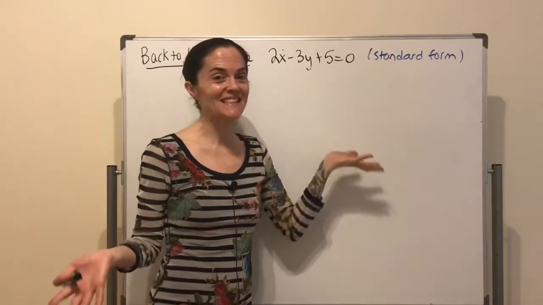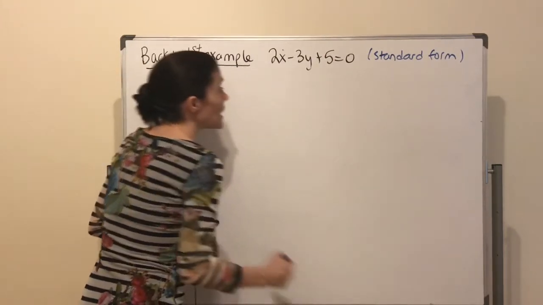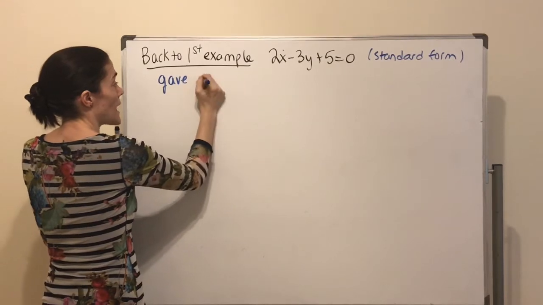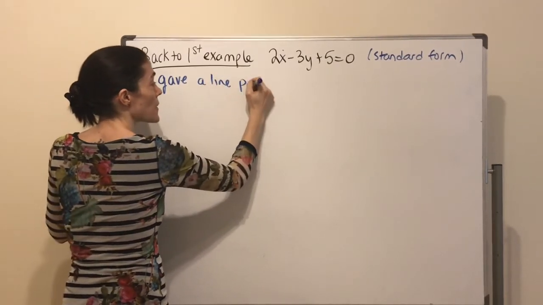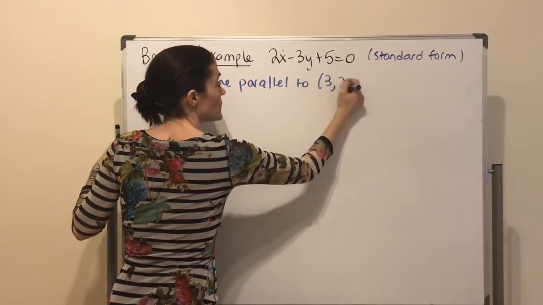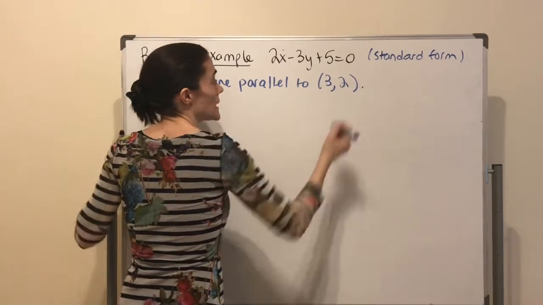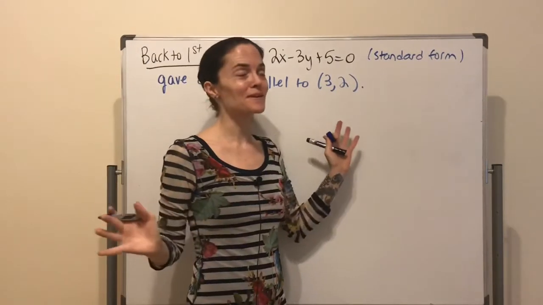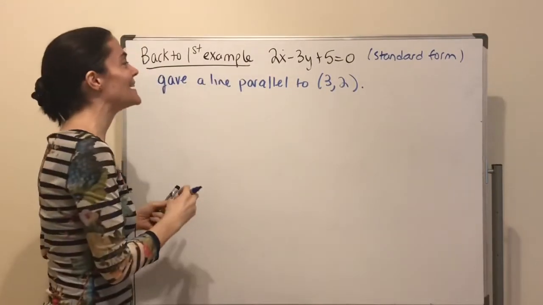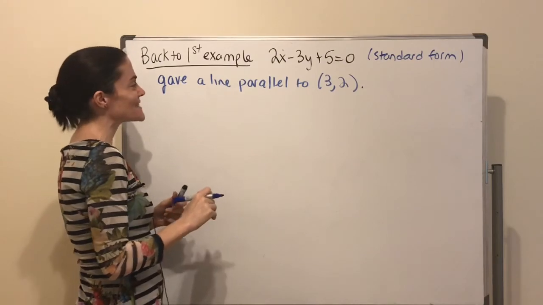This standard form gave a line that was parallel to this vector, right? If you remember, you can look back at your notes and see this, or back the video up if you forgot. Okay, now this is going to get cool really soon.